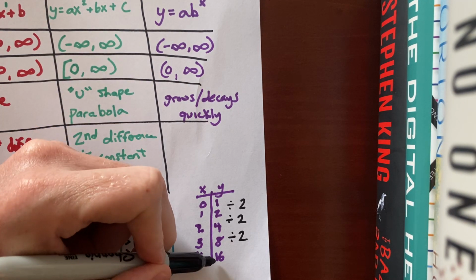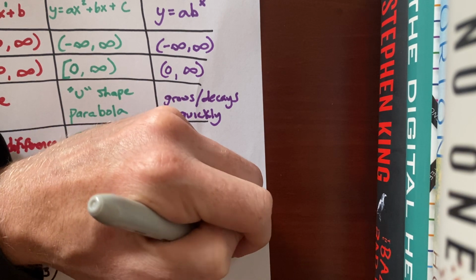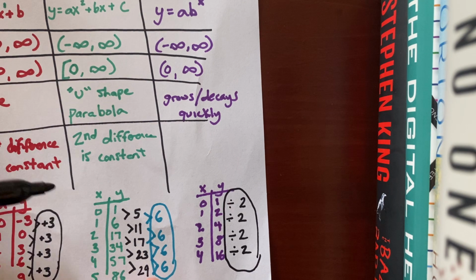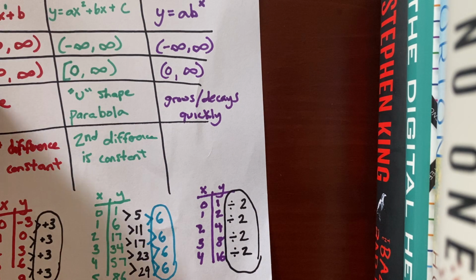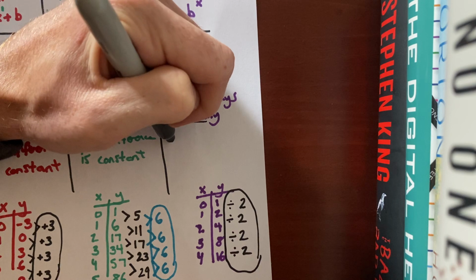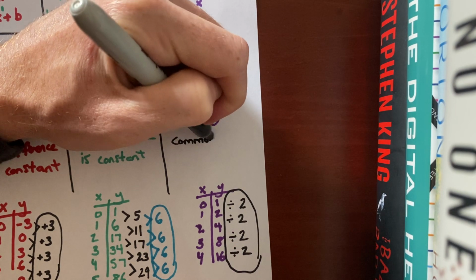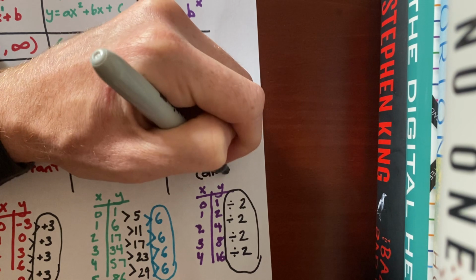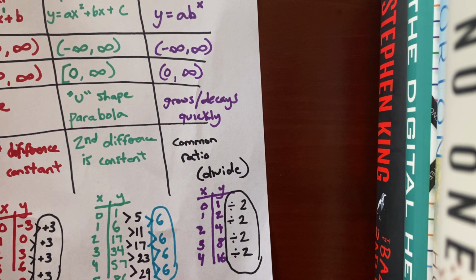And then lastly, 16 divided by 8, and that gives me a 2. So I'm not doing differences anymore. I'm not subtracting. I'm actually dividing. So table characteristic about an exponential function, it has a common ratio. And maybe in parentheses, you might want to say you have to divide to find that common ratio.